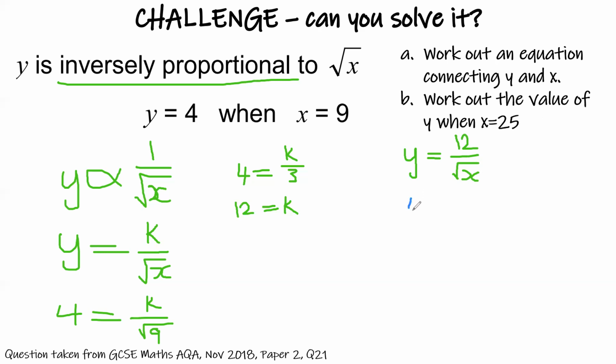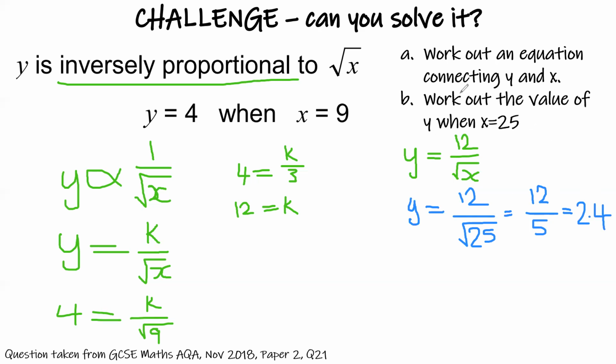So we need to have y is equal to 12 divided by the square root of, we've been given x equals 25, so the square root of 25. If we work that out, we've got 12 on the top, and the square root of 25 is just 5. We've got 12 over 5 as the fraction. If we wanted to put that as a decimal, that's the same as 2.4.